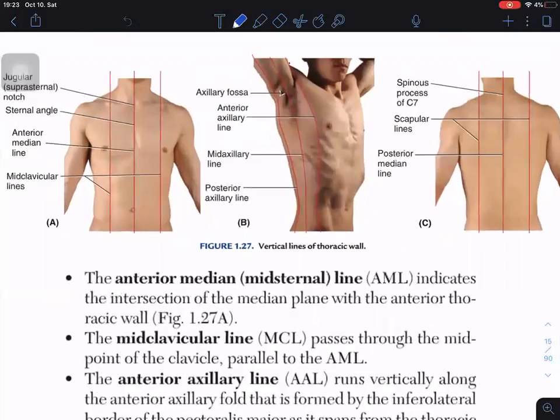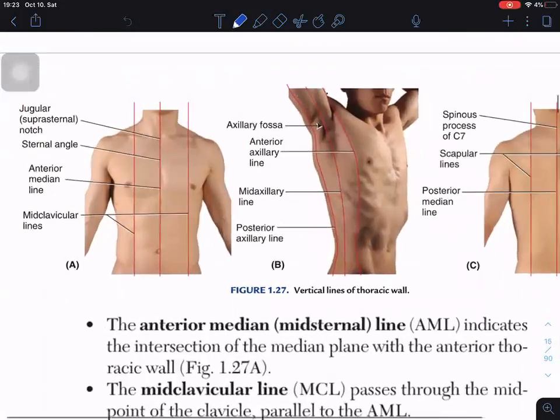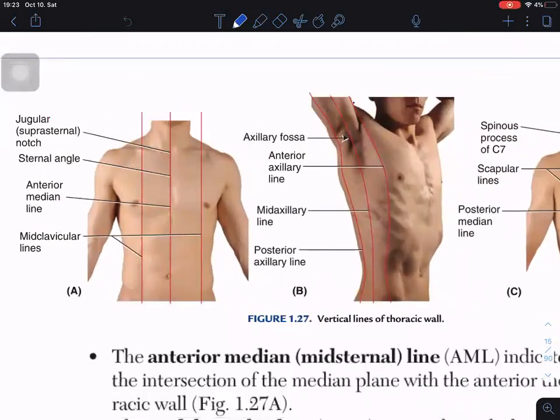So the very first line that we can see over here in this picture is the anterior median line, or the other name is mid-sternal line. So the mid-sternal line is passing in the midline of the body anteriorly through the sternum, so it divides the, let's say, thorax into two proper halves, all right?